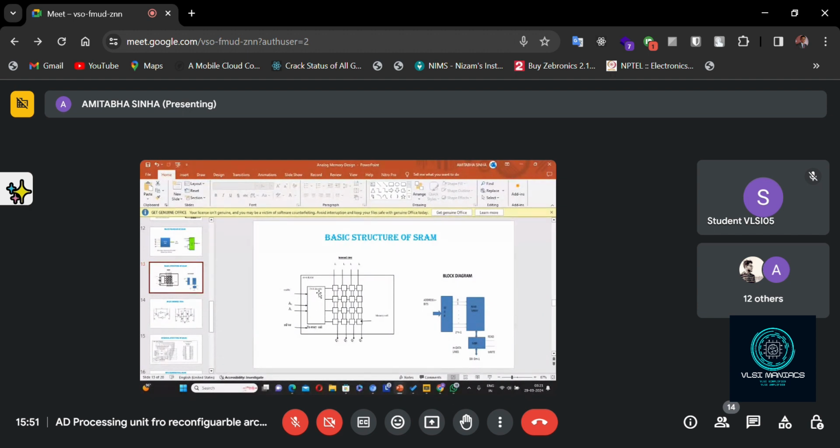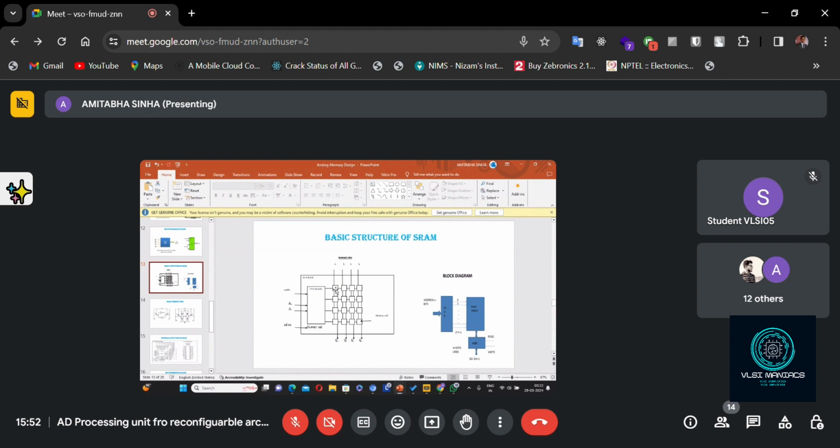A row will be selected along with WR bar and enable, which is called chip select. The chip also has to be selected. If chip select is not there, even though you give address, you give write, nothing will happen. So that's why some digital circuits will be required, which will select a particular row. So most of the things are just like digital. Only the storage element is different, where data will be stored in the capacitor. That's all.